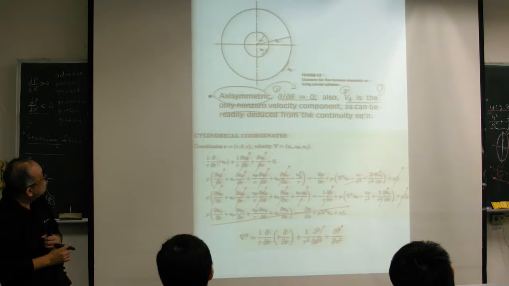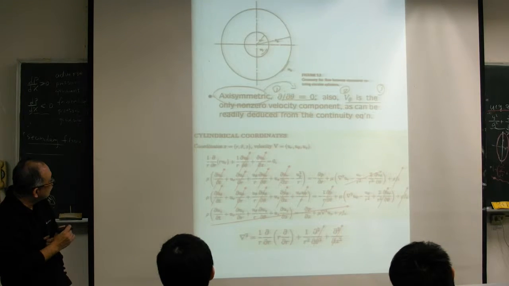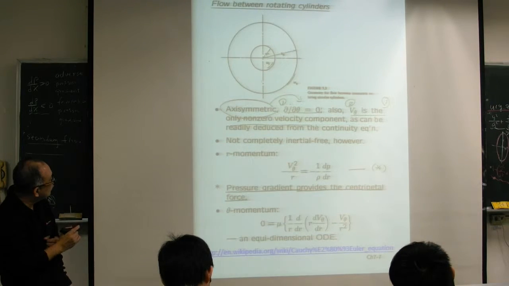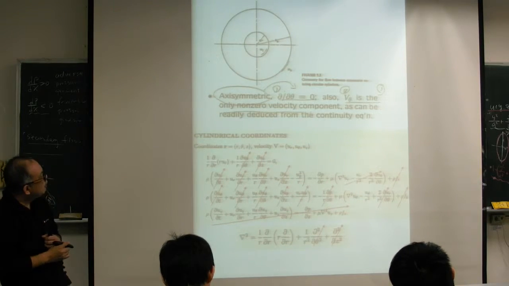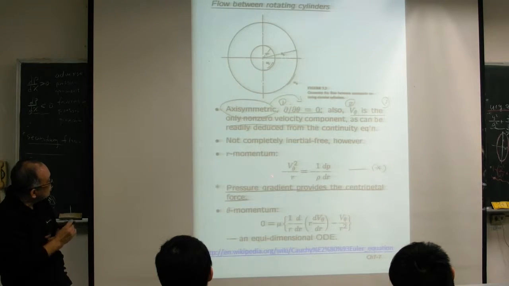So finally we can get our r momentum equation reduced from this equation: v theta squared over r is equal to 1 over rho times partial p partial r. The rho is divided, becoming 1 over rho. So the r momentum equation is reduced to this.